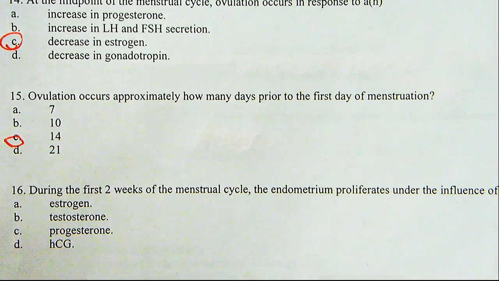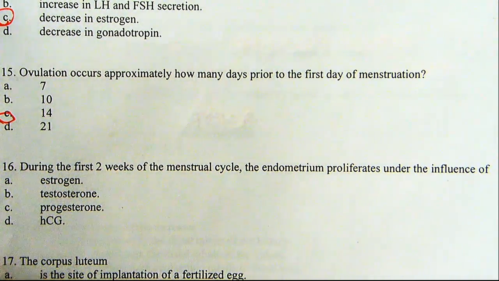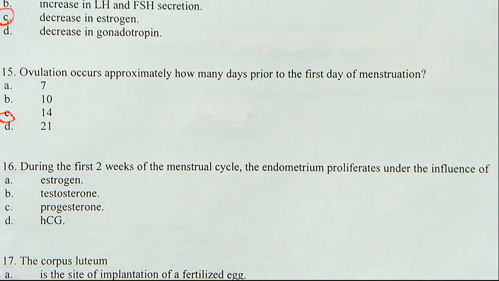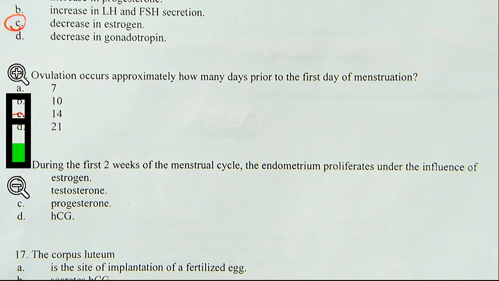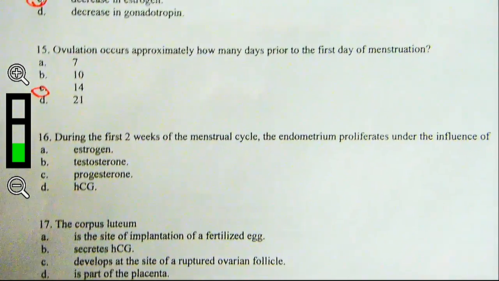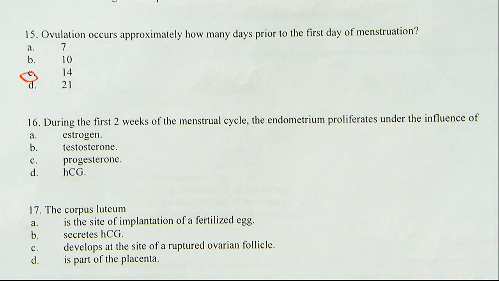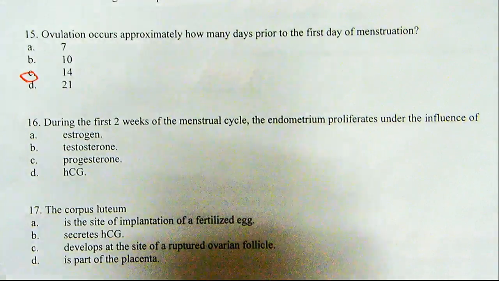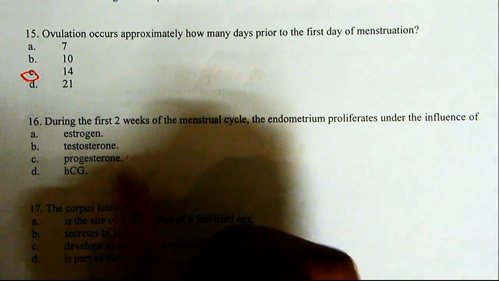Number 16. During the first 2 weeks of the menstrual cycle, the endometrium proliferates under the influence of what? The first 2 weeks of menstruation. So, no. This is not, both of these are more involved if the female is pregnant. So there would be increases in these two.